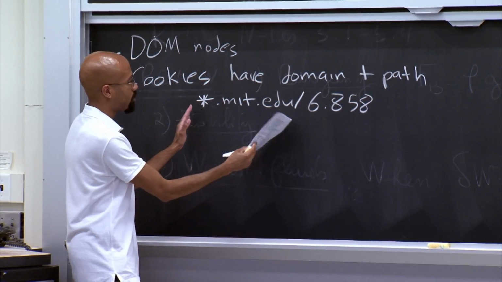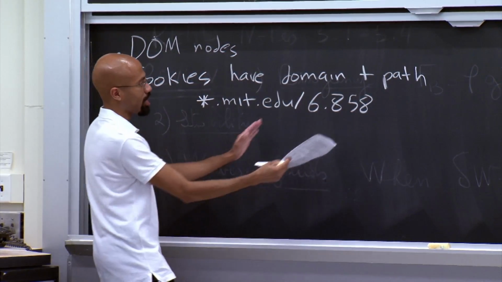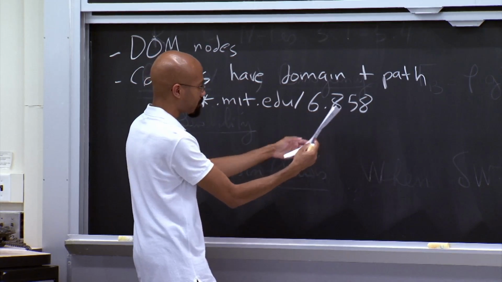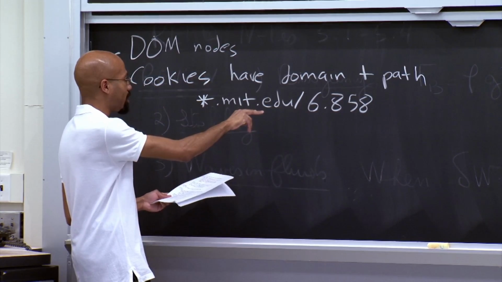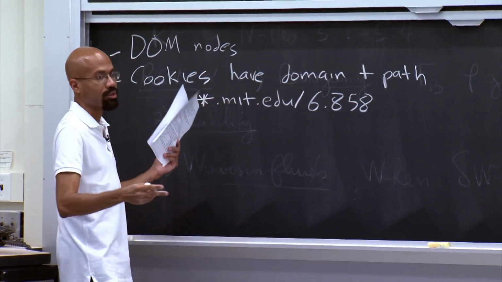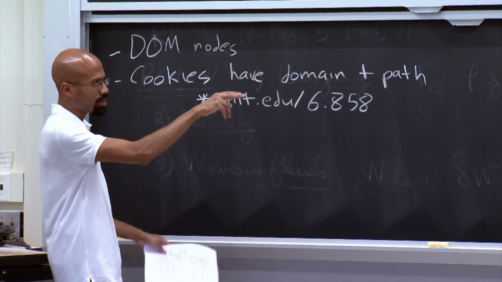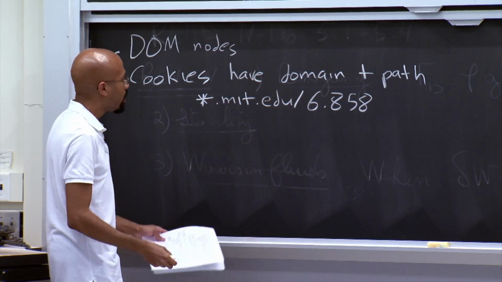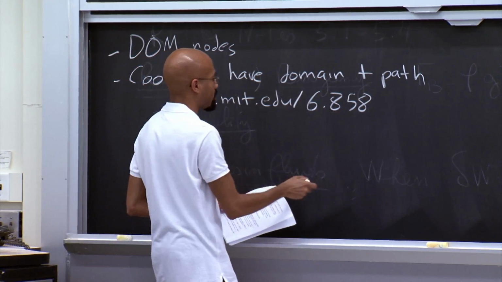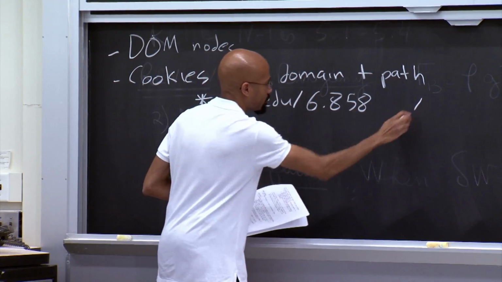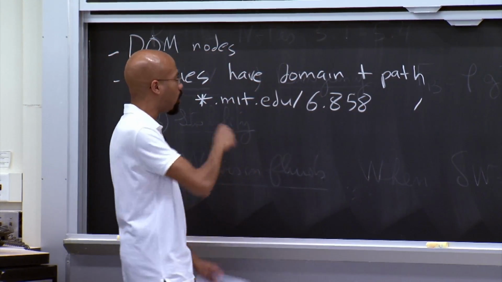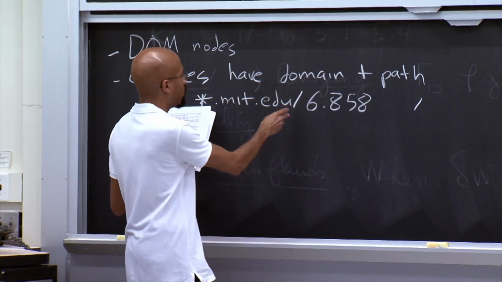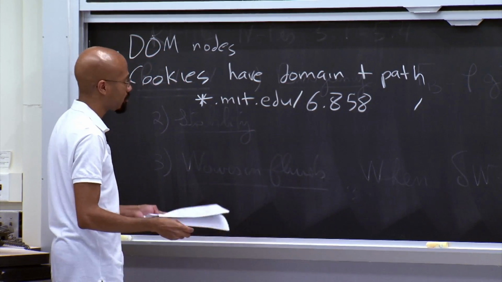So you've got this domain thing sitting here, and then you've got this path thing sitting over here. Note that this domain can possibly be a domain suffix of the page's current domain, so you can play somewhat similar tricks as we had over there. And note that this path here can actually be set to just the slash with nothing else there, which indicates that all paths in the domain should be able to have access to this cookie.